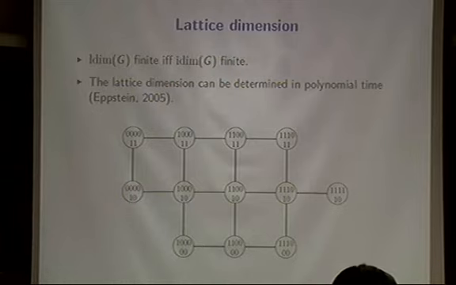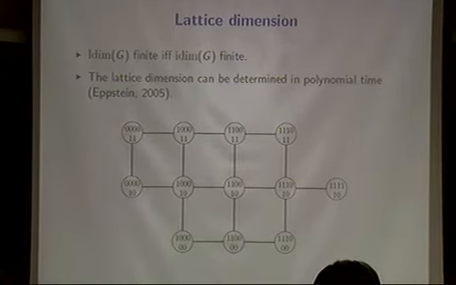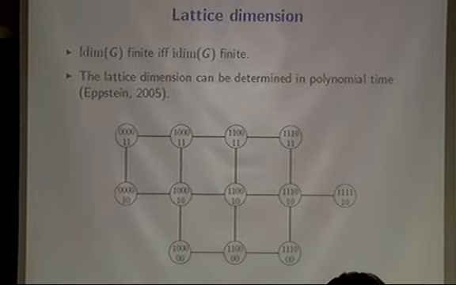Okay? Something that is also not trivial to see is that the lattice dimension can be determined in polynomial time. And actually, this is a quite recent paper from 2005. The approach that is used in this paper is similar to some things I will be describing.